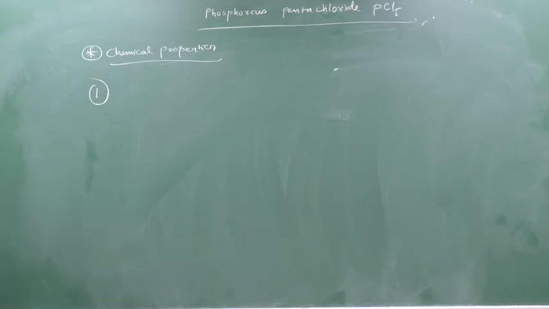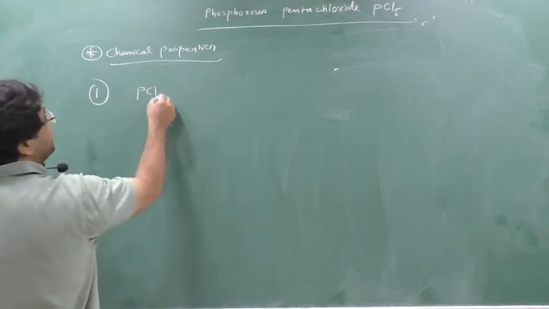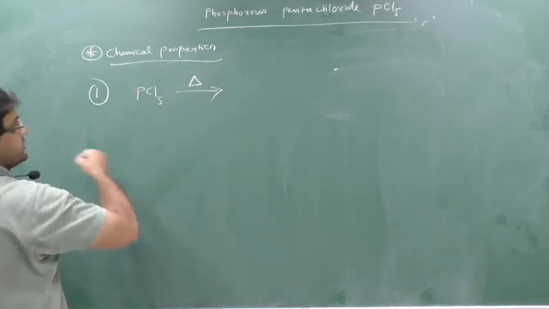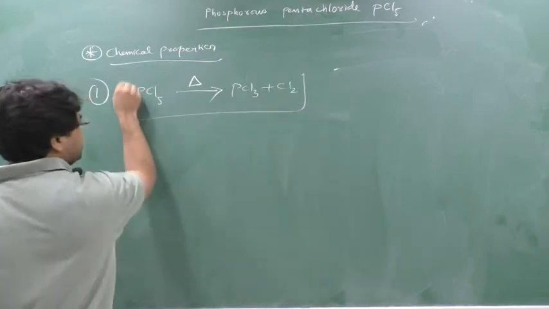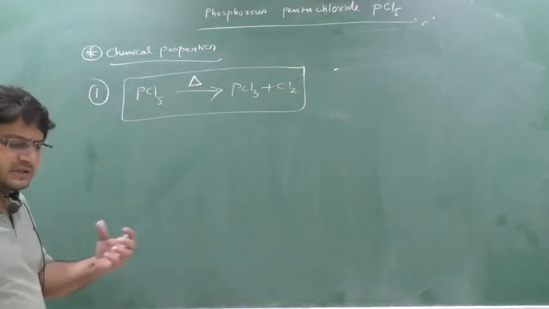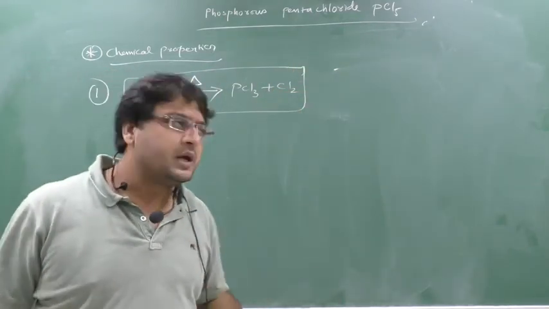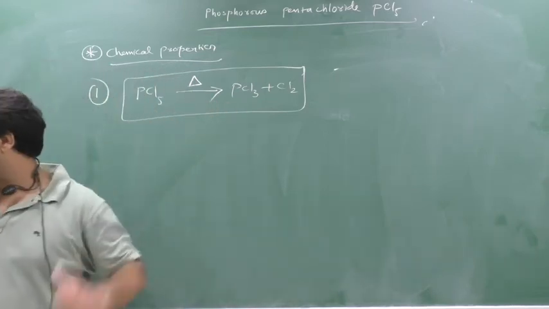Prolonged means continuous. So when you take PCl5 and heat it continuously, it will form PCl3 plus Cl2. And this is nothing but a decomposition reaction. Yes or no? Means PCl5 will undergo decomposition and form PCl3 and Cl2. Write down this reaction.